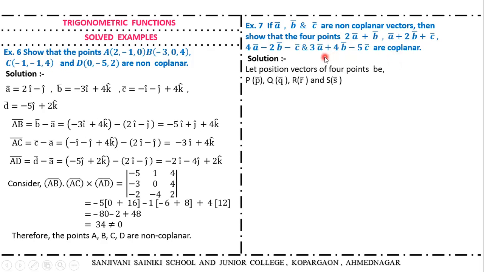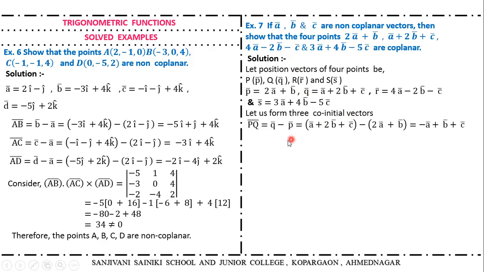Let the position vectors of the 4 points be P of P bar, Q of Q bar, R of R bar, and S of S bar. Therefore, P bar is the first vector, 2A bar plus B bar. Q bar is the second vector, A bar plus 2B bar plus C bar. R bar is the third vector, 4A bar minus 2B bar minus C bar. And S bar is the fourth vector, 3A bar plus 4B bar minus 5C bar.